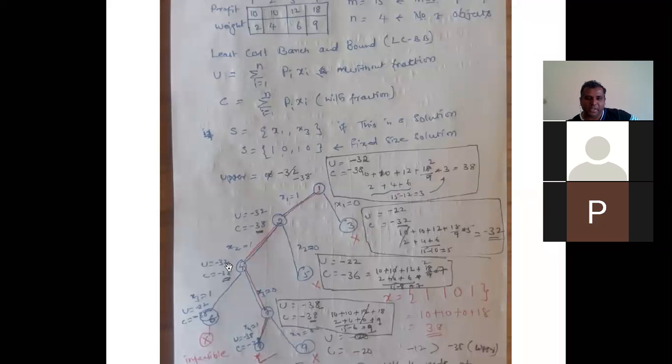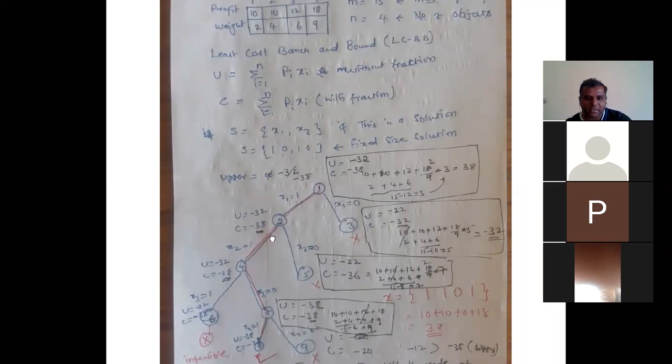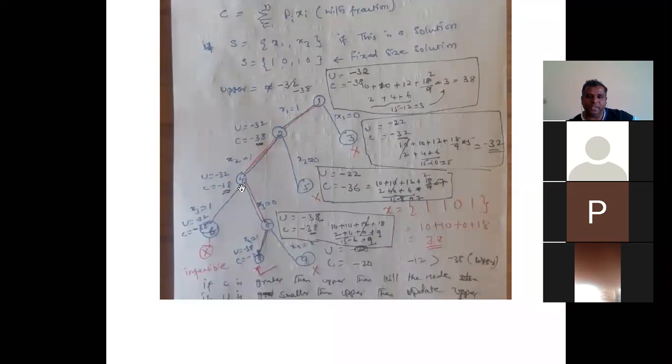So compare minus 32 with the upper value, which is already minus 32. No need of changing. Now expand node 4. Check for the next object.